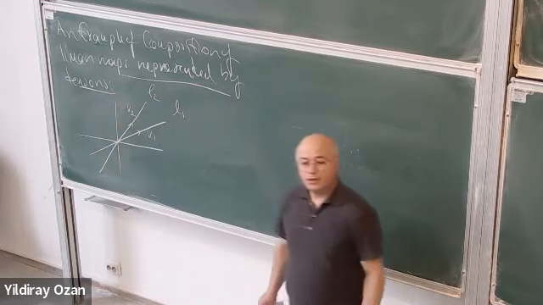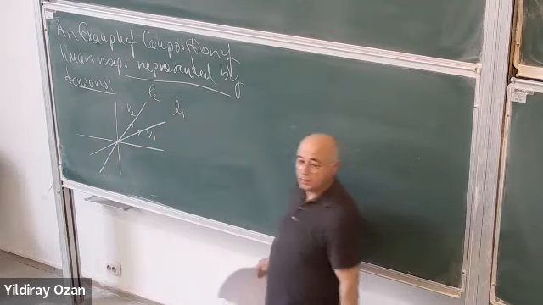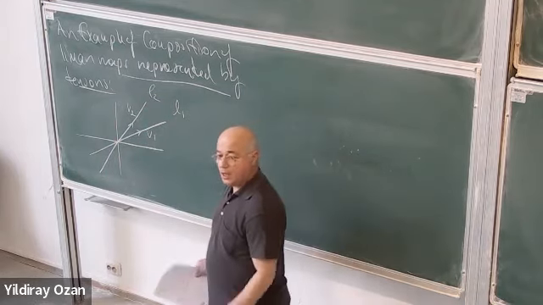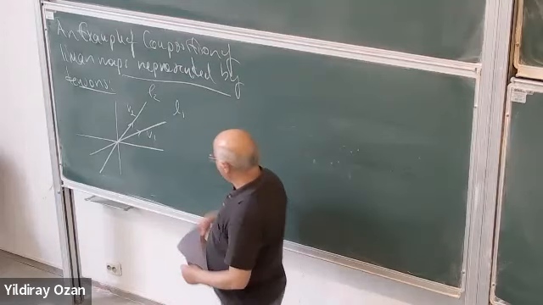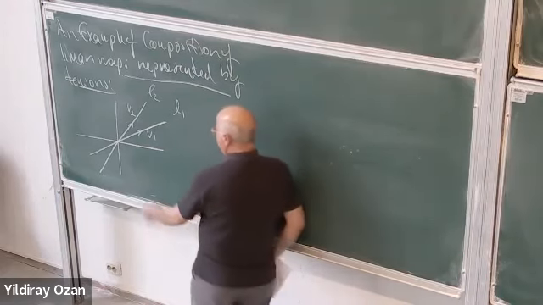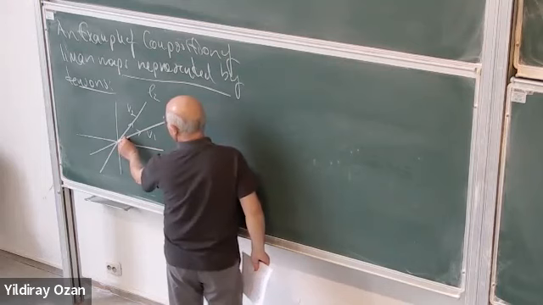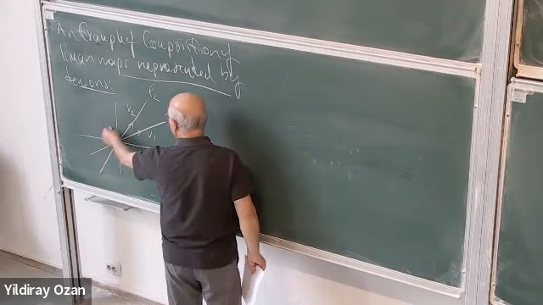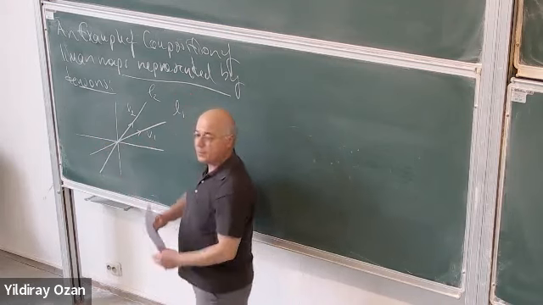And then to write the reflection with respect to, for example, this line L1, what does reflection do? Reflection keeps this vector the same, but it sends the orthogonal vector to its inverse, right?